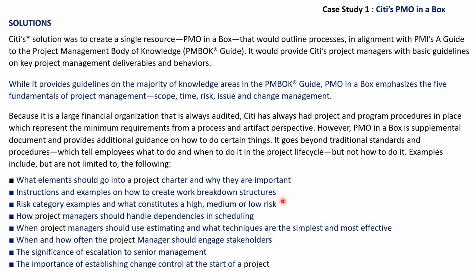So how to identify the risk categories and how to categorize them as high, medium, and low. Those examples are given. You can read and understand the significance of escalation to senior management and the importance of establishing change control at the start of the project. So those kinds of knowledge areas were gathered in a centralized place.